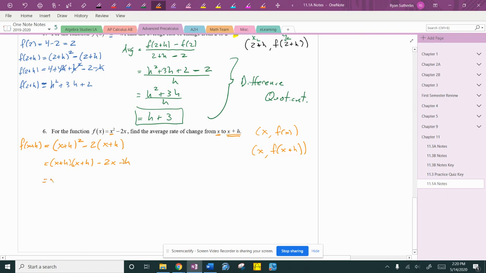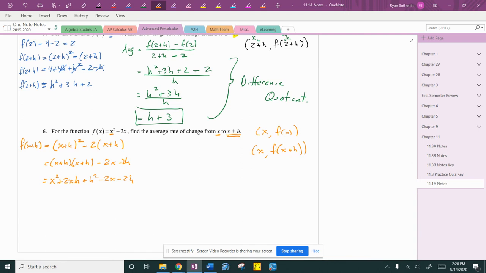Now I have x times x is x squared, xh plus xh would be 2xh, plus h squared minus 2x minus 2h. None of that can be simplified.